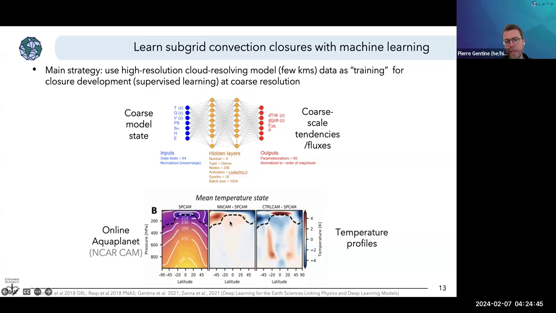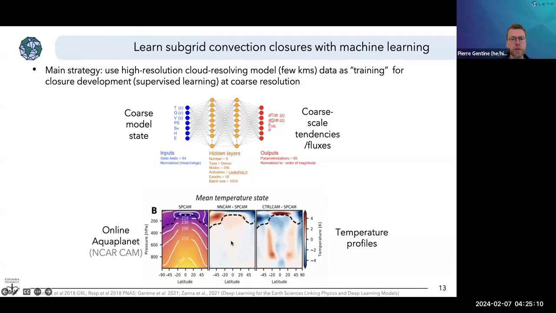You can see that there's really minimal bias here across most of the atmosphere. That's very different from a standard parametrization, which is this control CAM, the Community Atmosphere Model, which tends to have many strong biases, especially this double intertropical convergence zone, which is a very standard issue that most of those models have. And you can see that many of those issues are actually being resolved here.